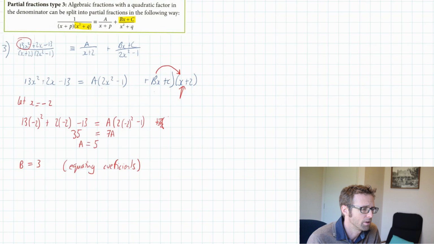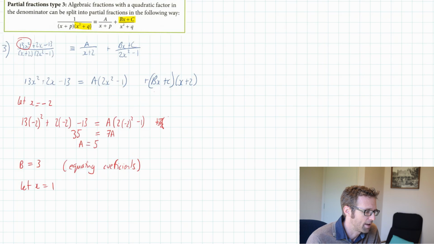Now, how am I going to figure out what c is going to be? Well, to find out c, I can just let x be something like 1. So, let x equal 1.